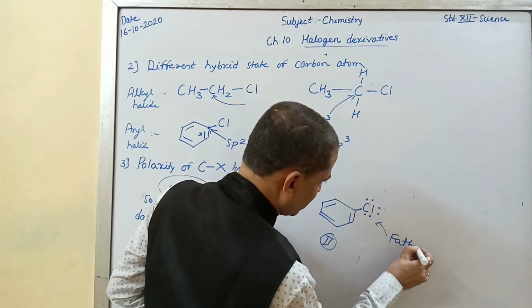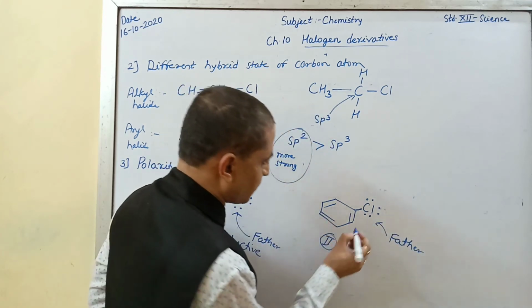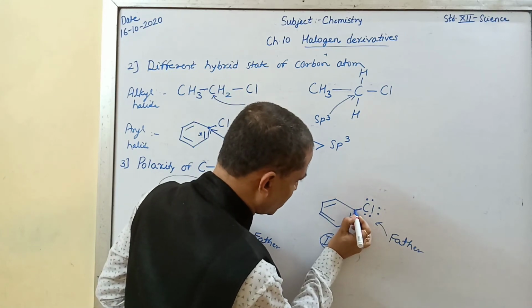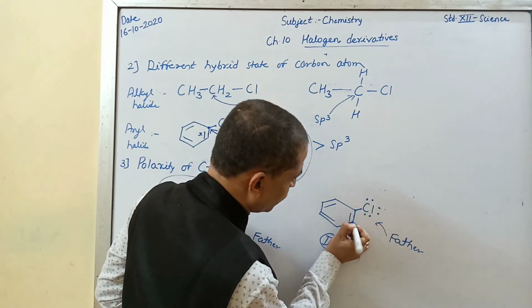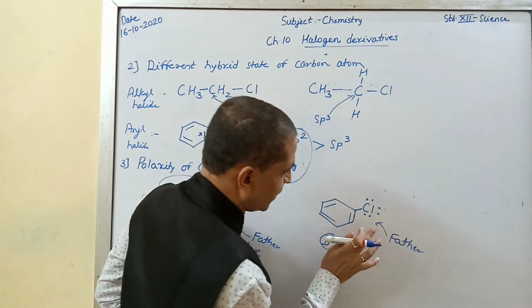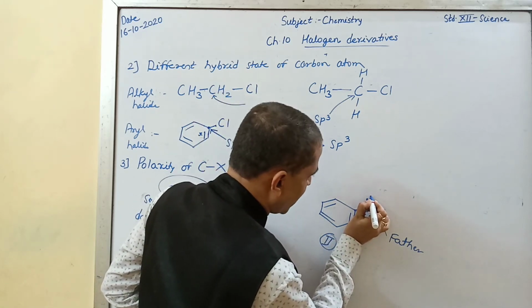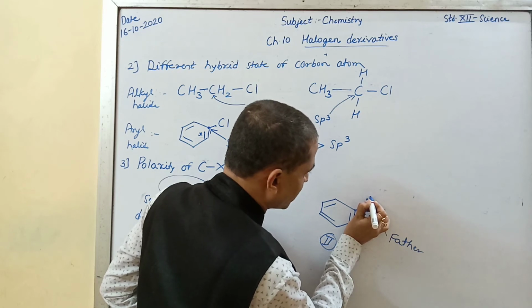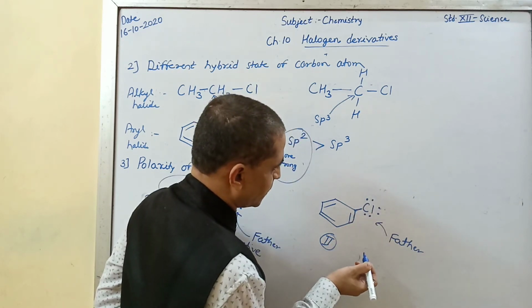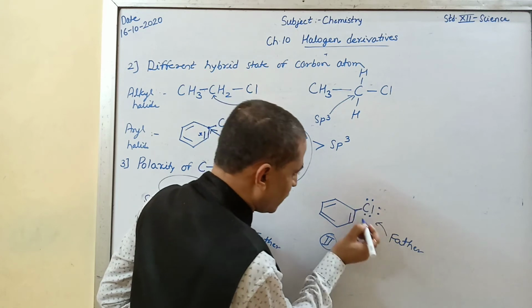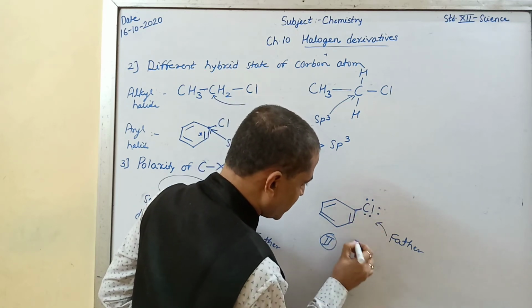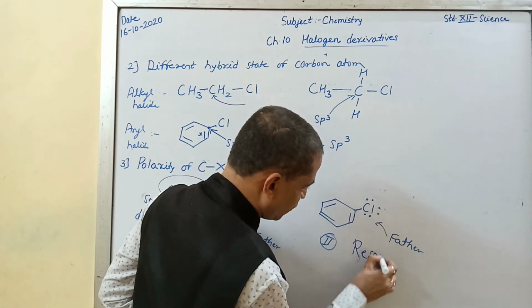Father. What happens here? Father expects more study from the son or daughter. But at the same time, father has to give some gift for that work. This is what? Resonance effect. Resonance effect.